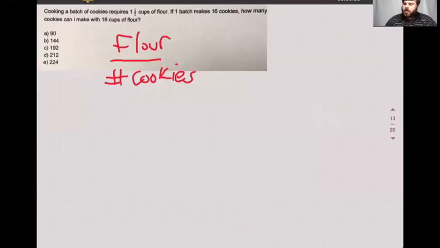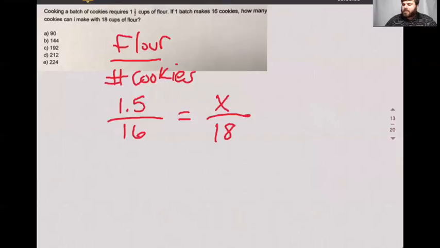So the ratio of the one batch should be the same ratio as the entire batch that I make with the 18 cups of flour. So looking at the one batch, I have 1.5 cups of flour, and I'm making 16 cookies. So that ratio should equal the ratio when I don't know the number of cookies, but I know that I have 18 cups of flour.